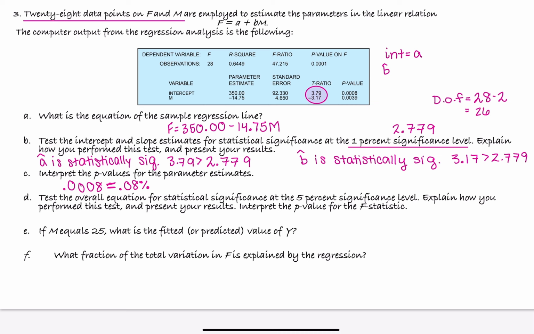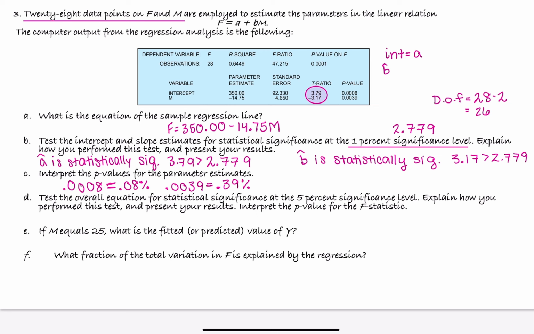And the p-value for our m is 0.0039, which is going to be 0.39%. Which means that there's only a 0.39% chance that B equals 0 with all of the other information. Which 0.39% is very, very small.